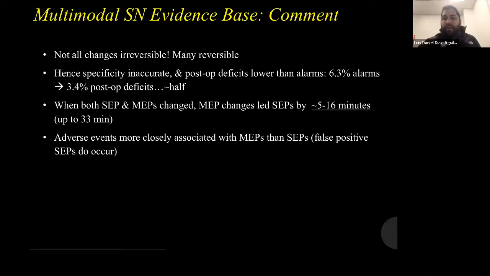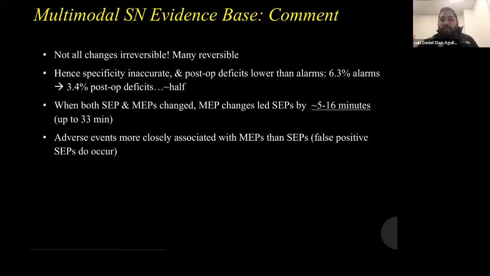And of course, fortunately, most changes are reversible. And that's why the specificity for the multimodal electrophysiologist can be somewhat low, with one paper reporting 6.3% of patients having some sort of alarm, while only 3.4% having post-op deficits, half.